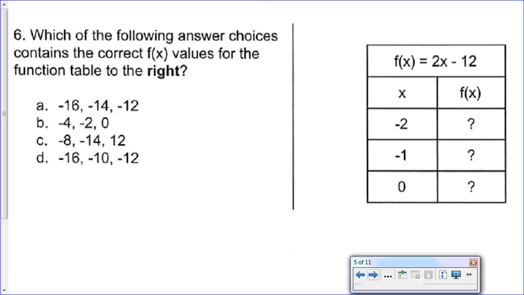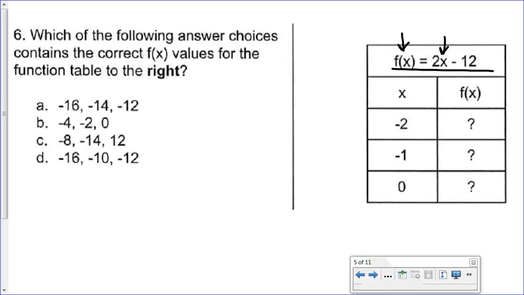All right, so number 6, which of the following answer choices contains the correct f of x values for the function table to the right? Okay, so this is our function right here. X is our input or independent variable, or the domain is all the different x's we put in, but this is our output.